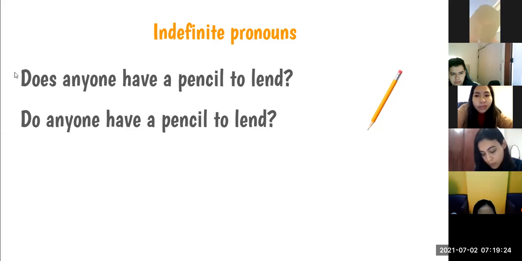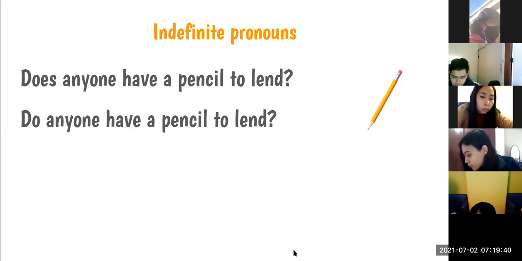We use this for the third person singular, right? What do you think, guys? Which of these sentences is correct? Check your examples here in the book, exercise number 5. What do you think? Which could be the correct one?